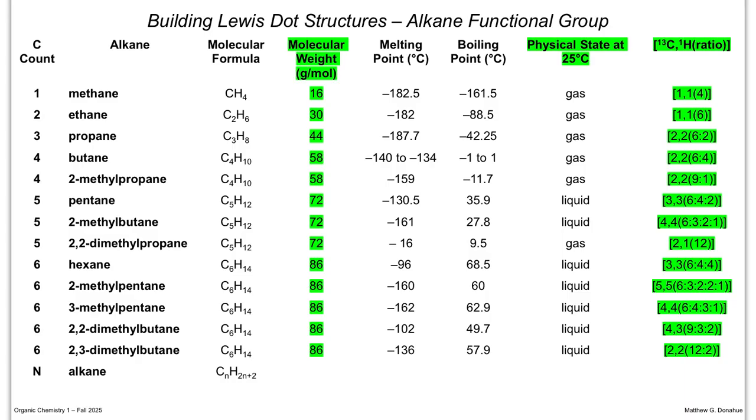The next couple of slides, I'm not going to spend too much time going over. They mainly give you some information to practice on. From carbon count 1 through 6, you'll see when you get above 4, that's when you start seeing the constitutional isomers. I stopped at 6 because when you get to 7 and 8, the number of isomers you can draw increases quite a bit.